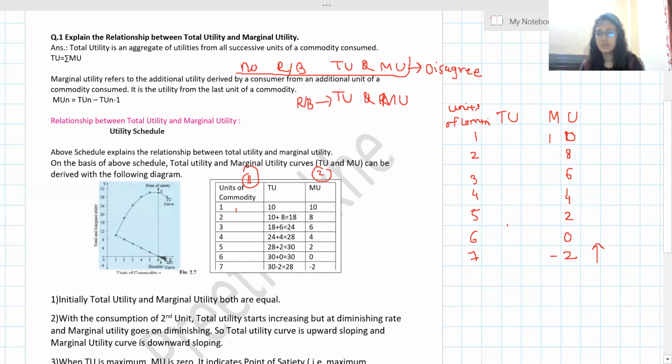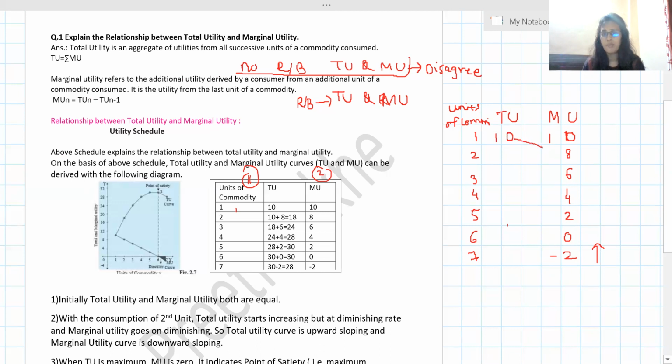That means the first figure to write is -2, there is a difference of 2, it is the table of 2: 2, 4, 6, 8, 10. Whenever you consume the first unit, there is no other unit to compare. So MU of the first unit and TU of the first unit are both the same.